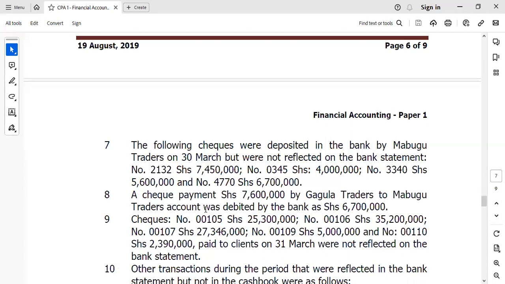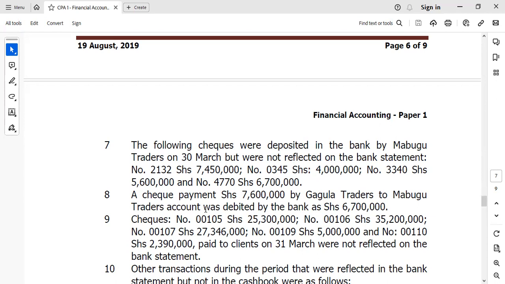But the bank instead debited Mabugu's account by 6.7. So the bank treated this check payment as a debit. In other words, it's like Mabugu traders account was making a payment, yet the amount was supposed to be credited on the bank account of Mabugu.